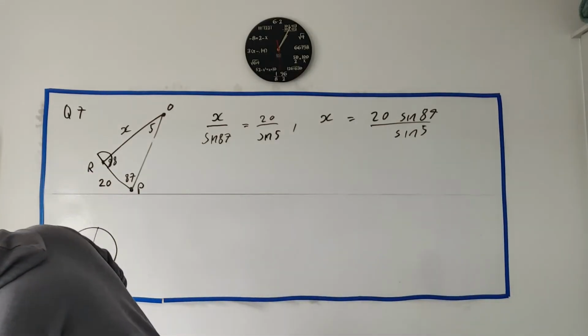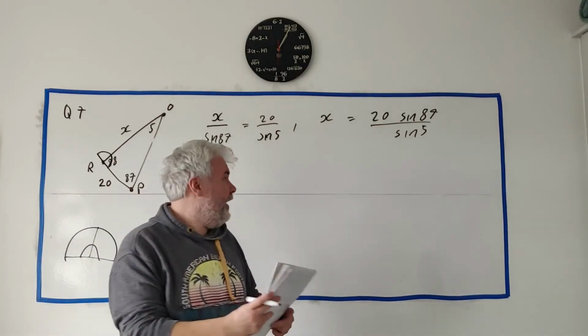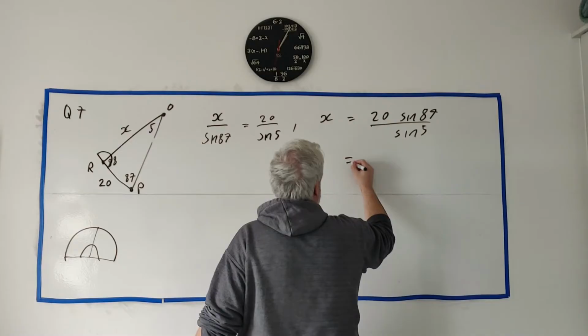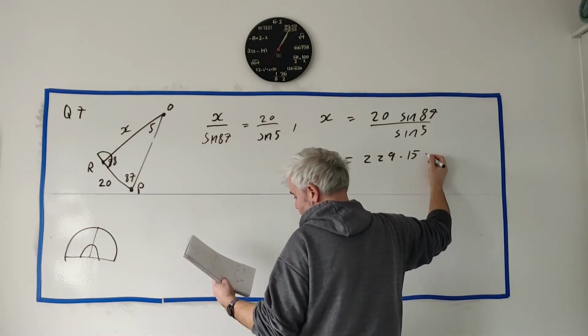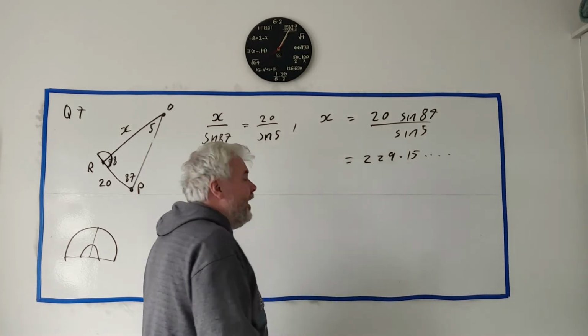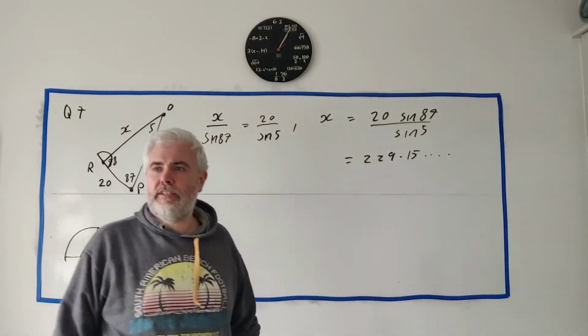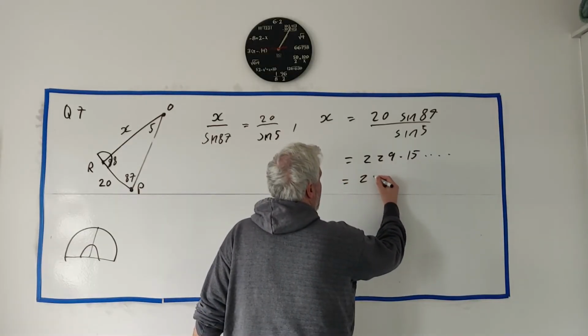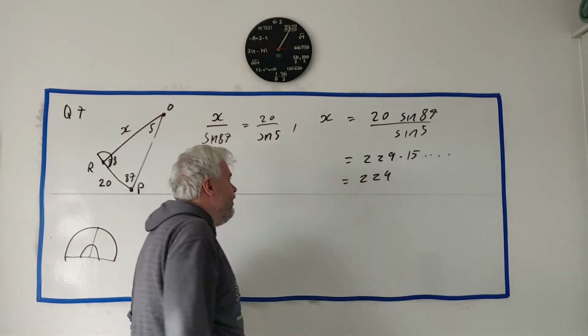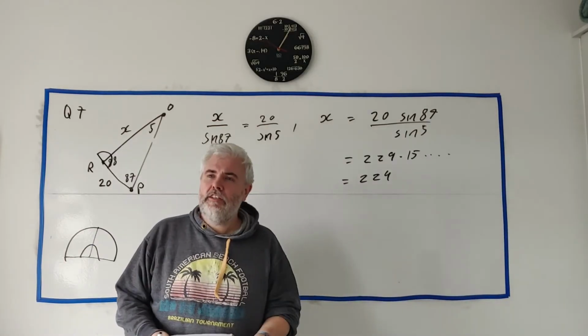We can just go ahead and put that into a calculator. Yeah, here it is here. And we get x is equal to 229.15 something something something. And they wanted this to the nearest meter. So that's 229, rounded off to the nearest meter. So that's the answer to part B.